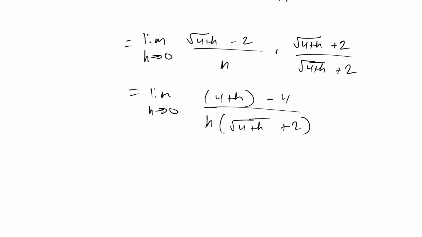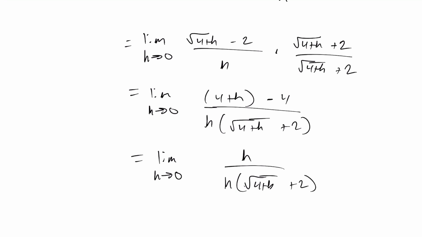When this gets simplified, it's equal to the limit as h approaches 0 of h on top over h on the bottom, multiplied by the square root of (4 + h) plus 2.